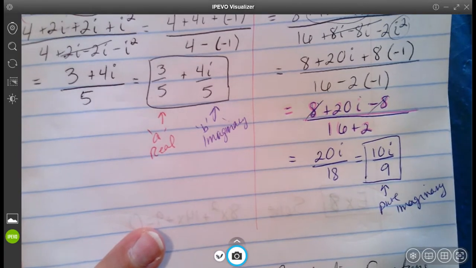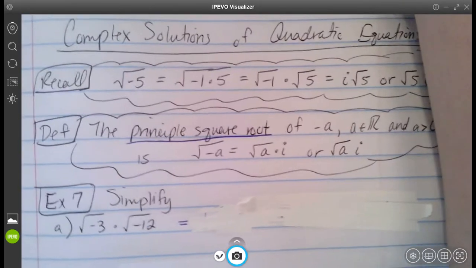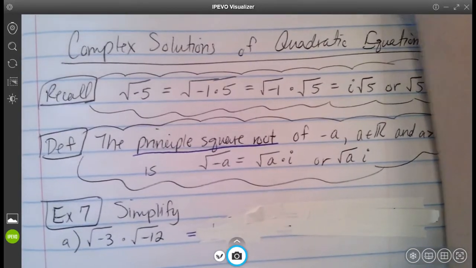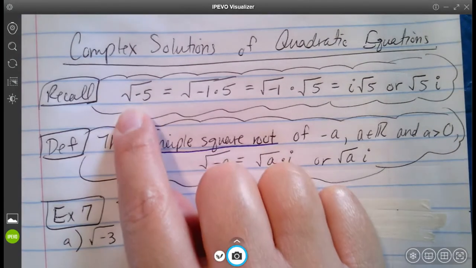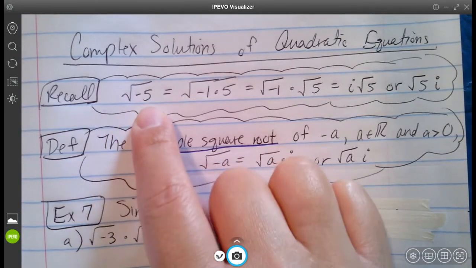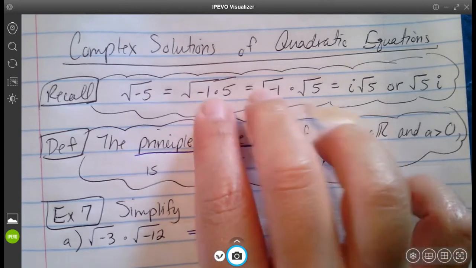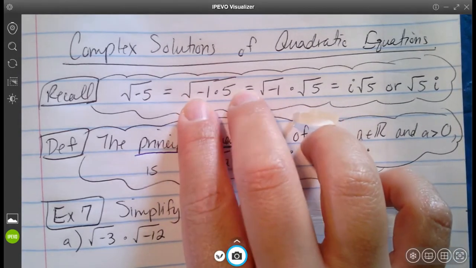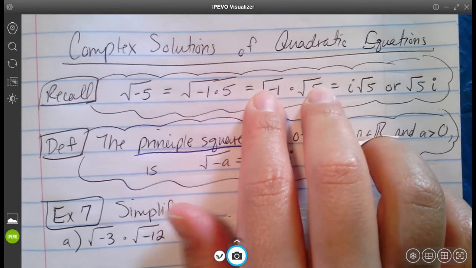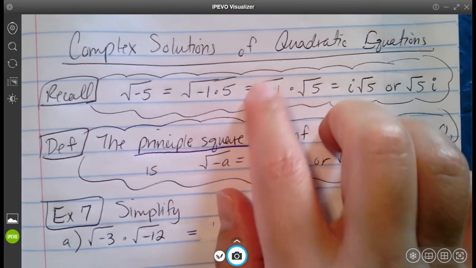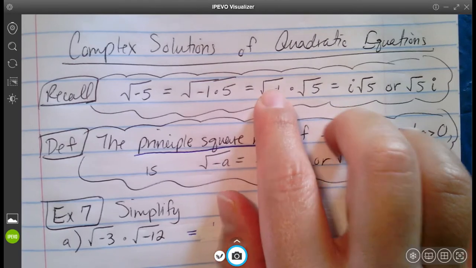Okay, so moving on to the last topic in this section of chapter 2, we have complex solutions of quadratic equations. Recall that the square root of a negative number can be written like the following. You can factor it, and then further separate into two different square roots, where you can see right away that the square root of negative 1 is going to give me the i.